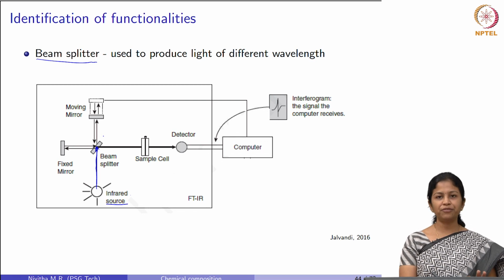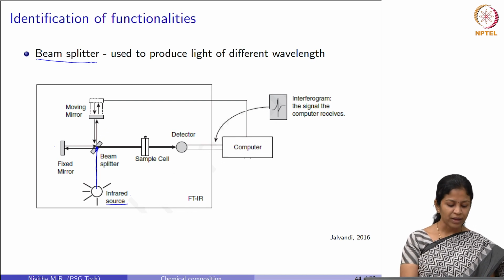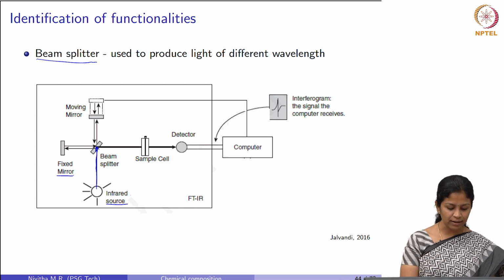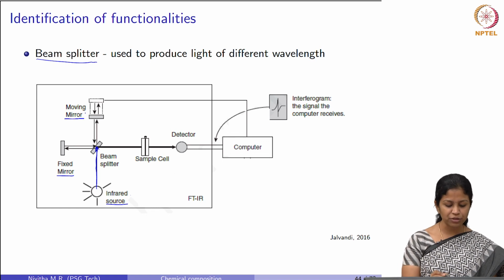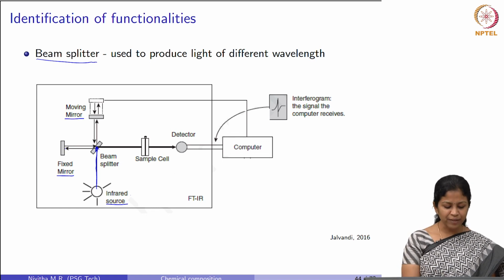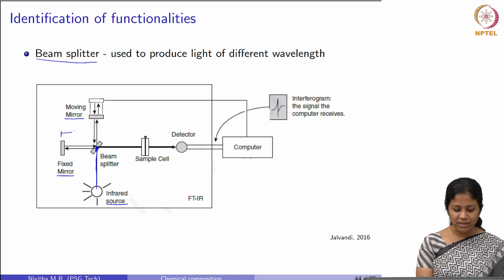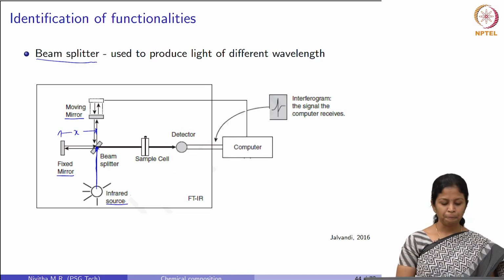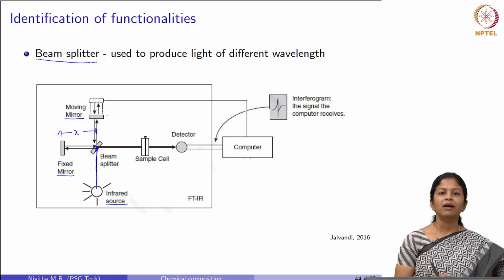These two components fall on a fixed mirror which is placed here, and then a moving mirror which is placed here. This fixed mirror is at a specified distance x from the beam splitter, whereas this moving mirror keeps varying with time spatially.